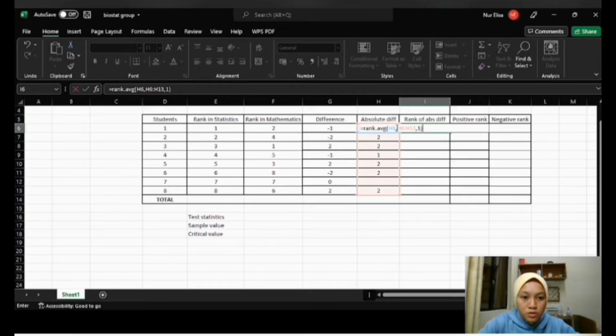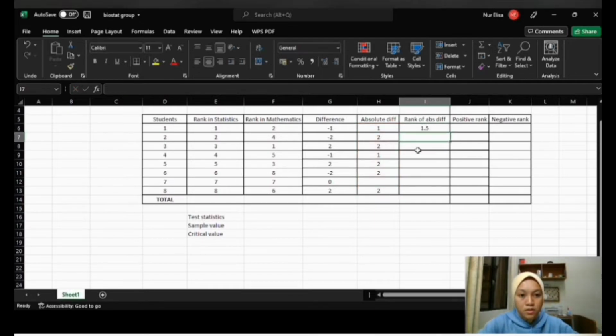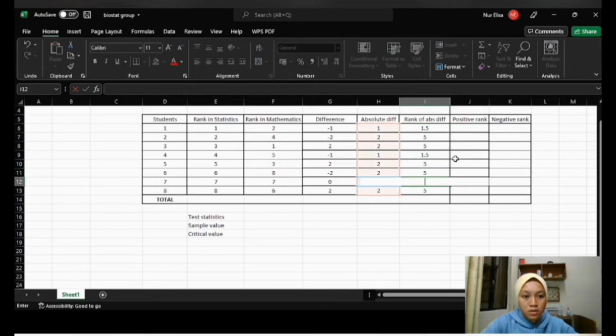We're going to put the dollar sign around the letter. And I will copy the formula. And I got the rank of the absolute difference.